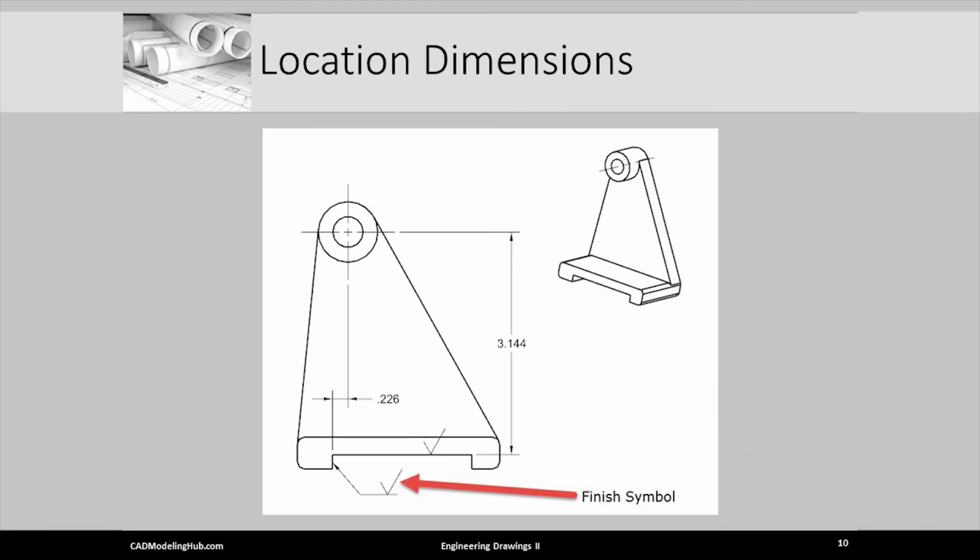The point of this illustration is to stress the importance of locating features from controlled surfaces or edges. Here, the cylindrical boss is being located from surfaces that are controlled by finish symbols, meaning these surfaces will be smoother than the other surfaces on this part.